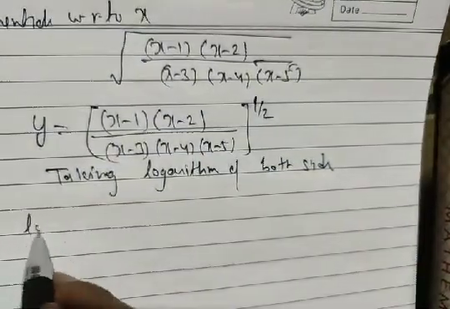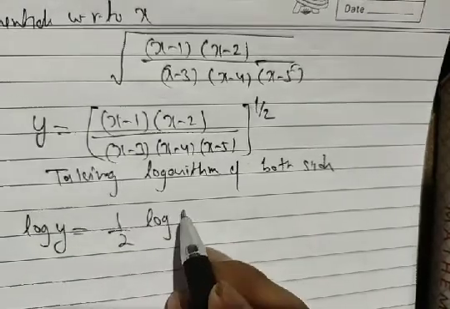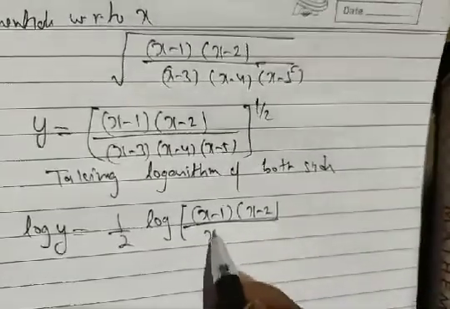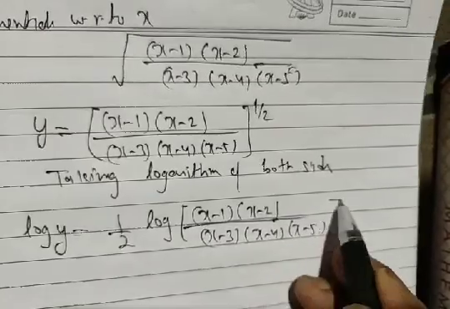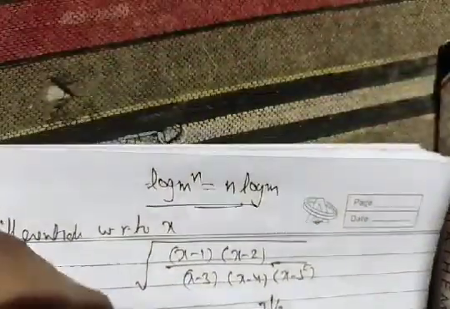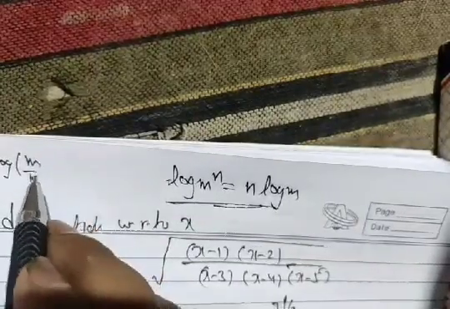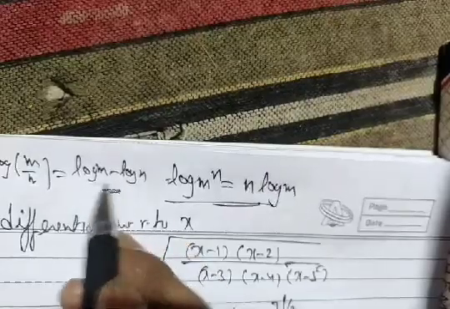Then log y is equal to 1 by 2 log of (x minus 1)(x minus 2) over (x minus 3)(x minus 4)(x minus 5). Further, when we have log m by n, it is written as log m minus log n.